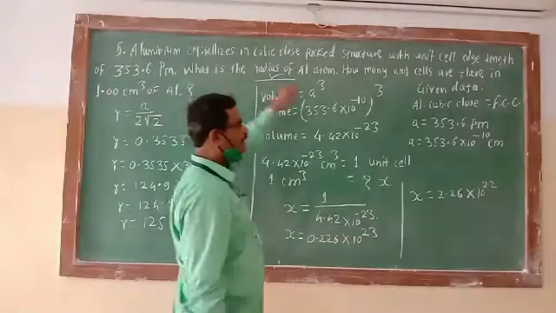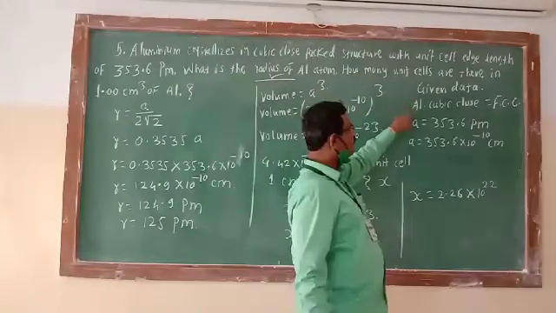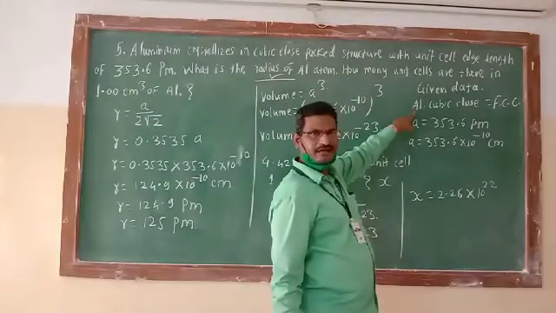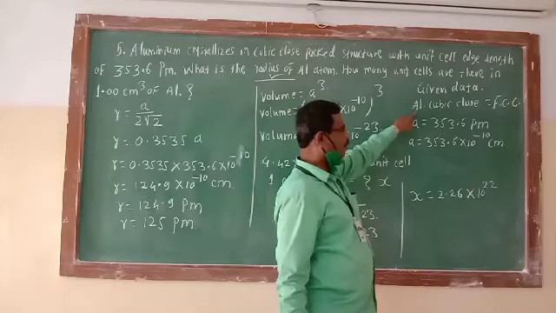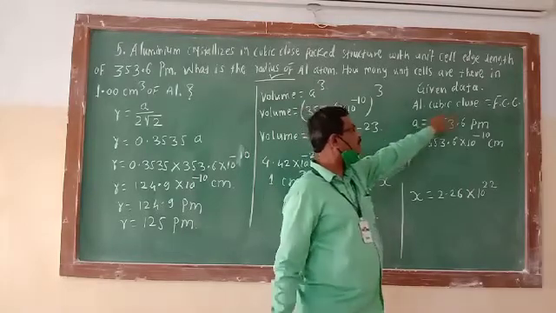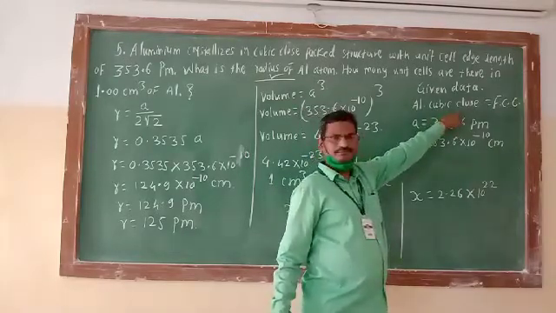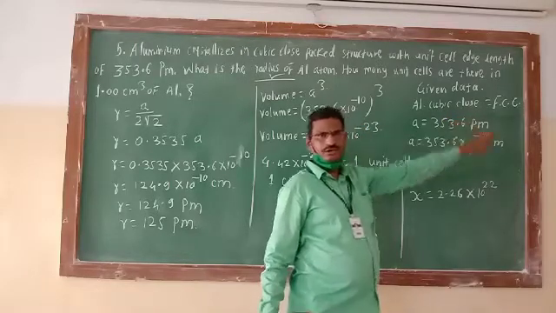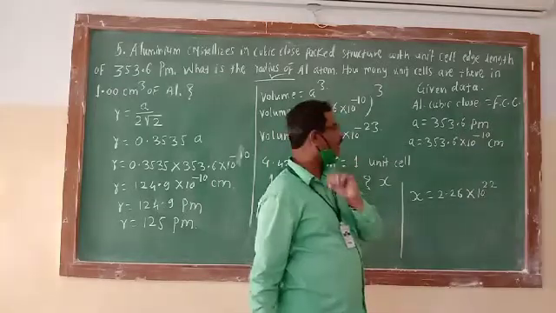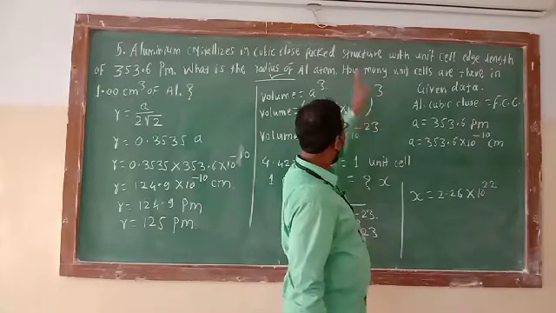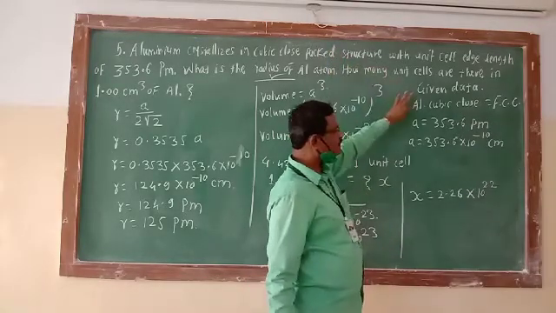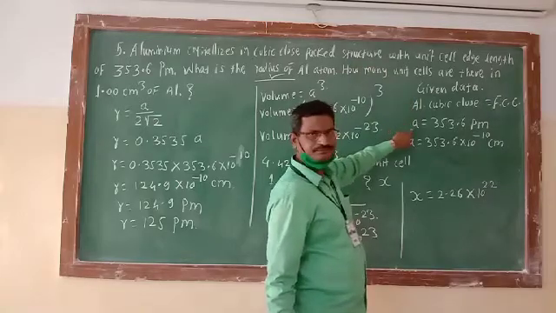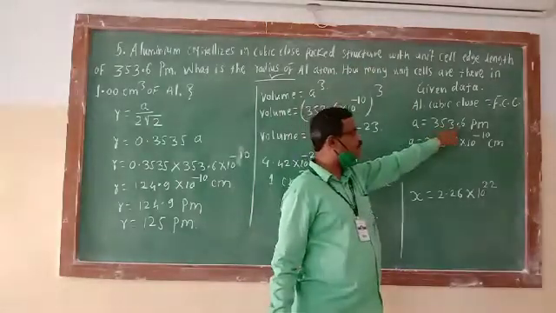The given data for this problem is the element aluminium, which has a structure of cubic closed packed, meaning face centered cubic structure, where one unit cell contains 4 atoms of aluminium. The edge length of such FCC structure is given as 353.6 picometer.